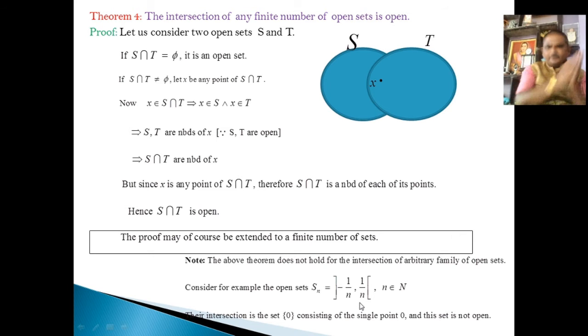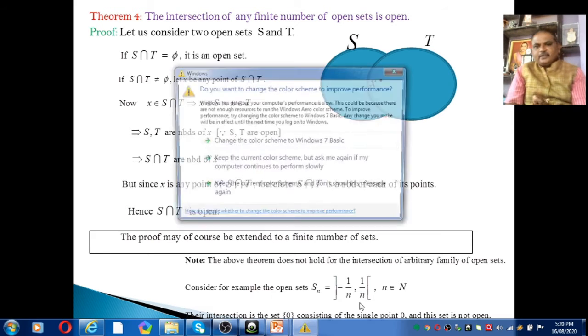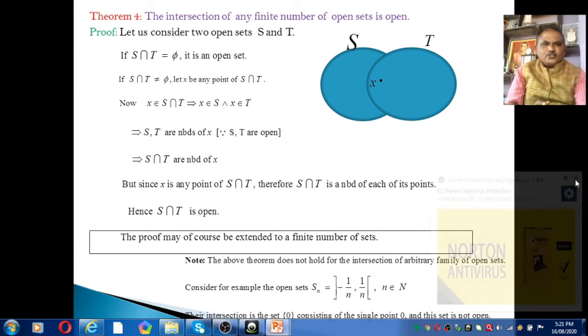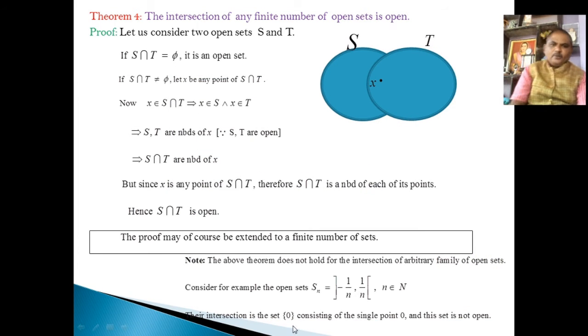So in general, the intersection of all these open sets is only the single point set, the single element set {0}, consisting of only the point 0. And by the earlier remark, a single point set is not an open set on the real line.